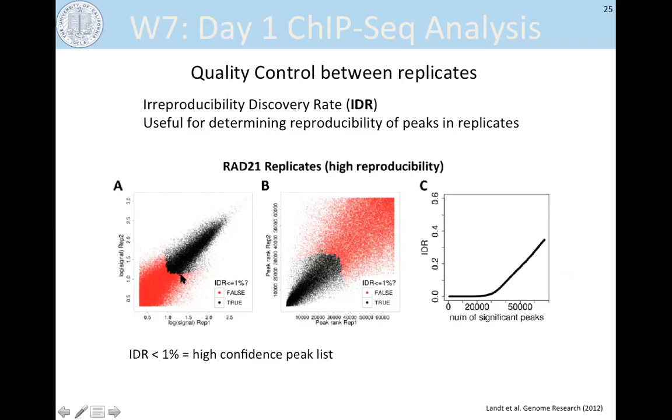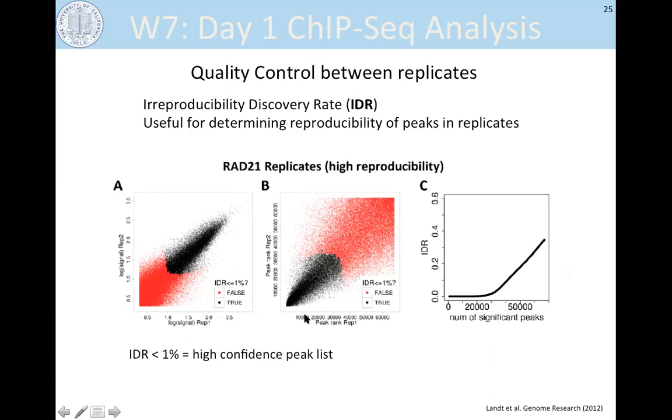So as you can see, these are going to be the peaks that have the best signal. This is plotting the log signal for one replicate versus the log signal for a different replicate. And the peaks that passed an IDR of less than 1% are going to be the peaks that give you the better signal, which makes sense. And this is also demonstrated here by, instead of looking at the log signal, the peak rank, with the lower the rank number, the better the signal was.